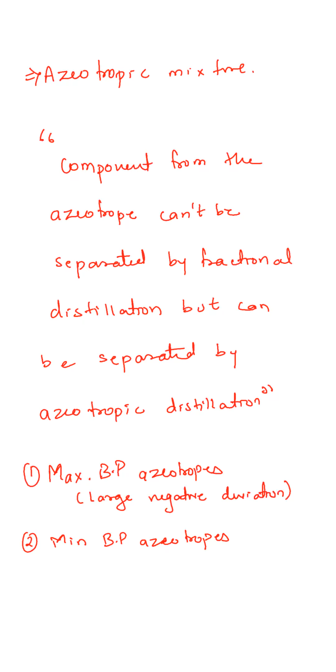Negative deviation and minimum के लिए आ जाएगा large positive deviation. तो जो positive deviation शो करेगा वो आपका हो गया minimum boiling point azeotrope, and जो large negative deviation शो करेगा that is maximum boiling point azeotrope. Clear?